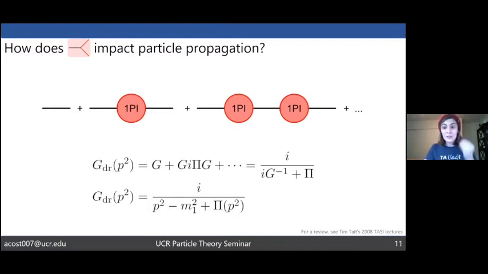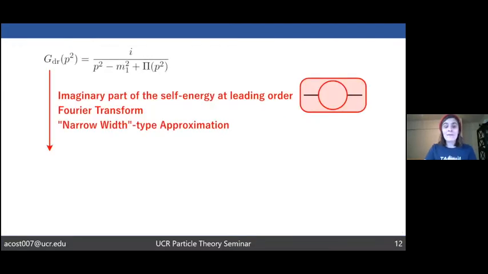So using this, I'm going to make two claims that will be relevant on the AdS side.